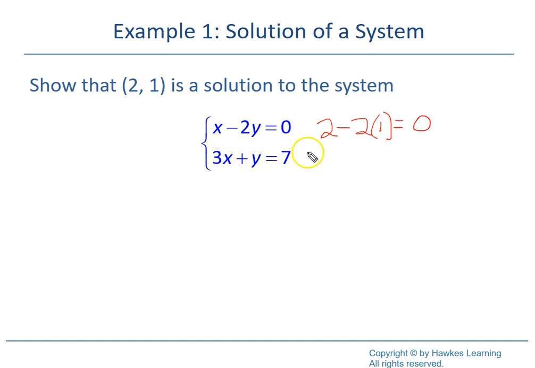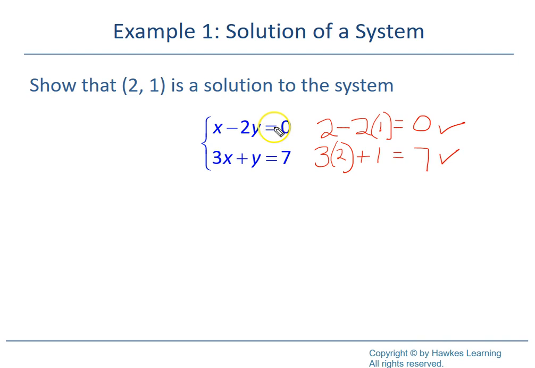And now this is 3, and our x value is 2, and our y value is 1. Does that equal 7? Well, here this is 2 minus 2 equals 0, so that is true. And this is 6 plus 1 is 7 equals 7, so that is true.